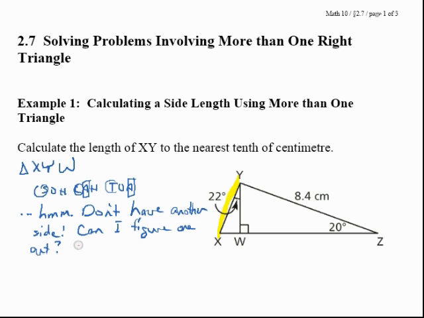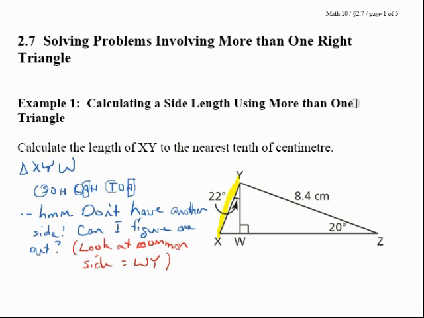And look at the common side. Common side, which is WY, because that's common to both triangles.